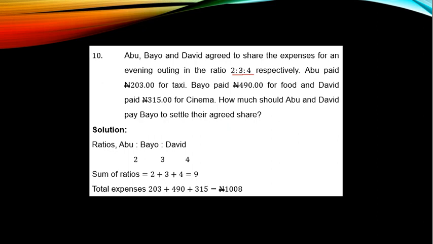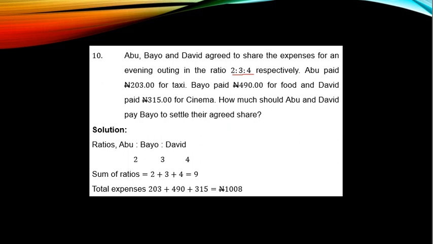Abu paid 203 naira for taxi, Bayo paid 490 naira for food, and David paid 315 naira for cinema. How much should Abu and David pay Bayo to settle their agreed share?